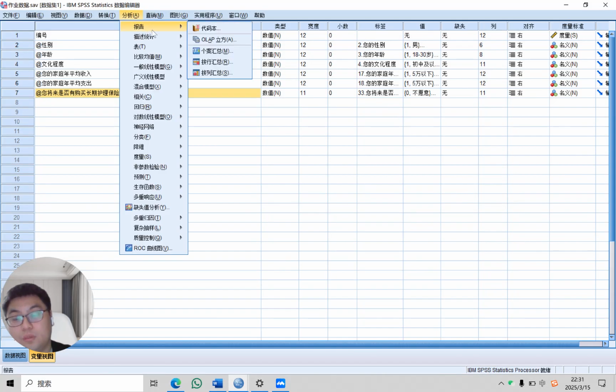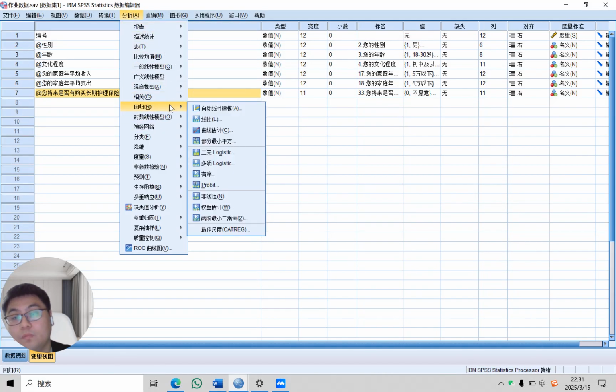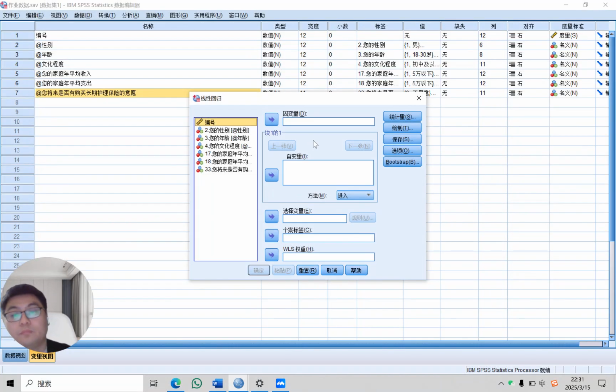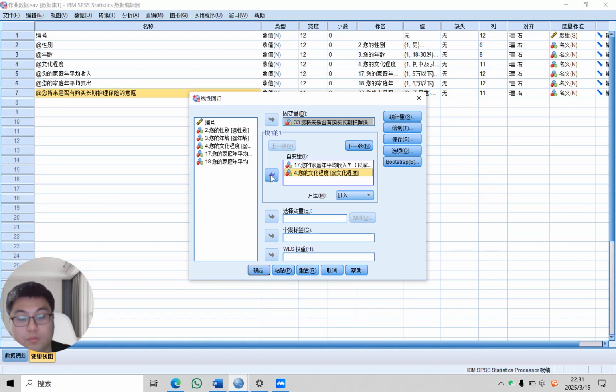We will choose analysis, regression, and linear regression. Then we will choose the independent variables, and then the dependent variable.